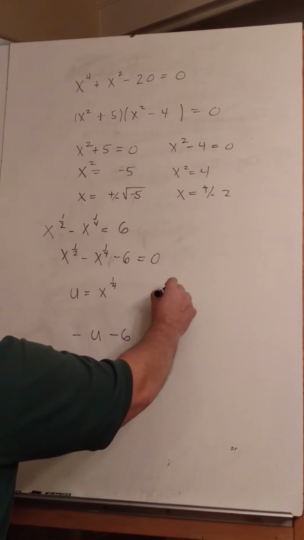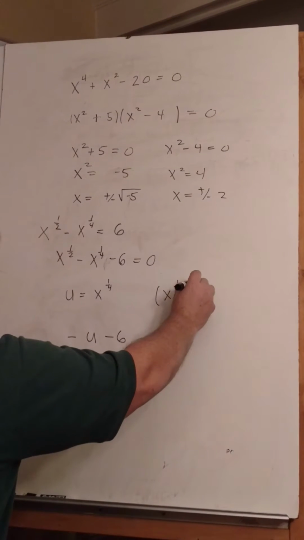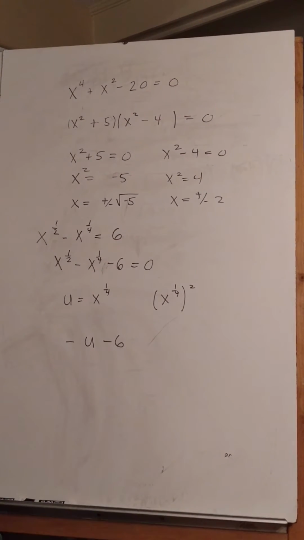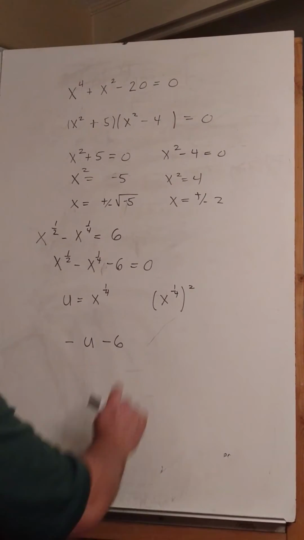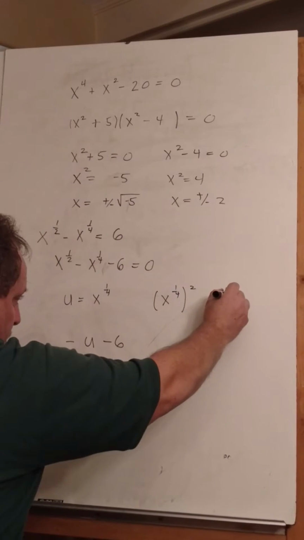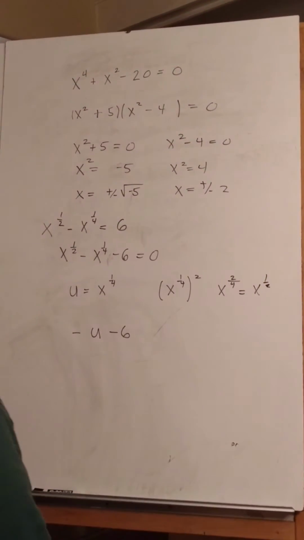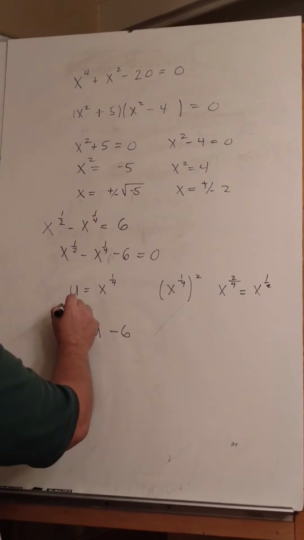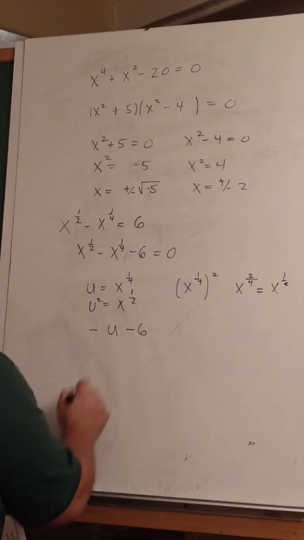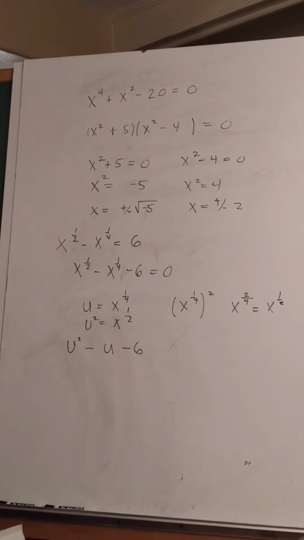If I square x to the 1/4, I multiply 2 times 1/4, which is x to the 2/4, or x to the 1/2. So in other words, u squared equals x to the 1/2. So then I can write that here. You see that?